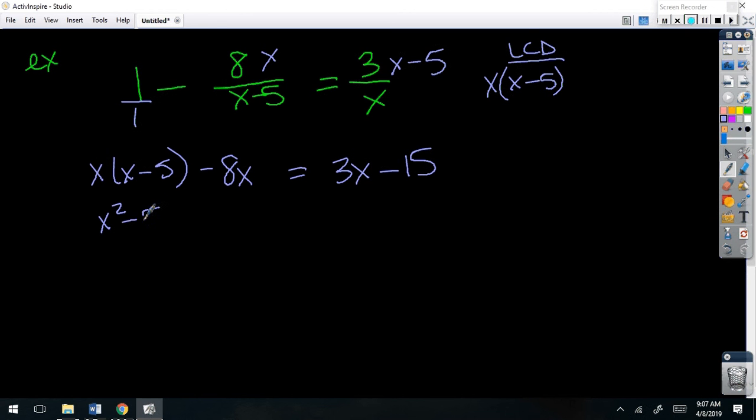All right, so x squared minus 5x minus 8x equals 3x minus 15. I'm gonna do 2 things at once here, y'all. Stay with me. x squared minus 16x plus 15 equals 0.